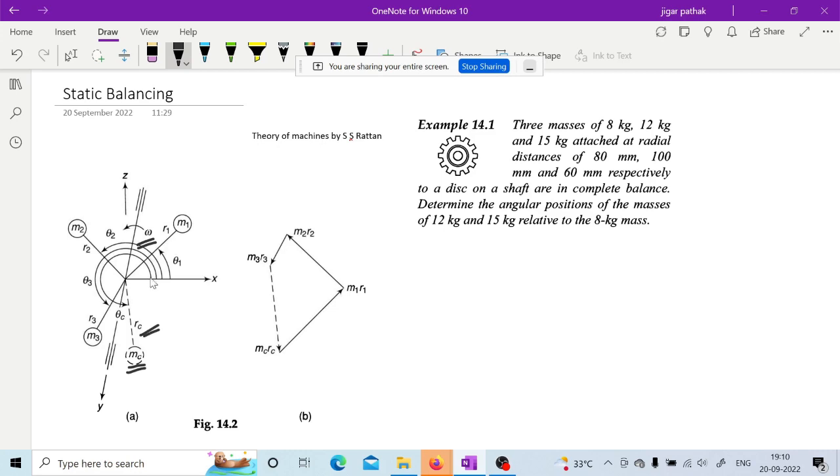So here in static balancing you need to go for only force balance, right? Because you are not having any couple generated in this particular case, where all the masses are in the same plane and they are generating unbalanced force.